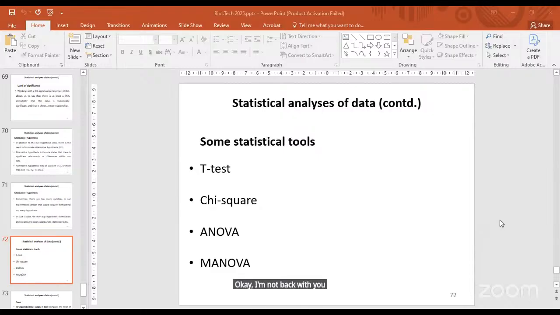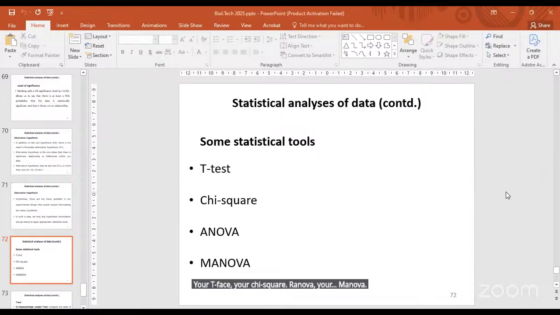If you're in the class, let me hear you talk. Yes, sir. Okay, good. So what are the statistical tools that you can use? You can use many tools: your t-test, your chi-square, your ANOVA, your MANOVA.